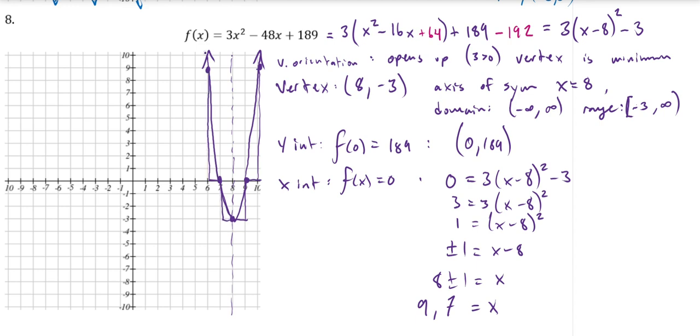This is just a nice little trick that I like to use in order to pick my points quickly in graphing a parabola, but especially if we're scaling, if that confuses you, you can really just pick some points around your vertex and evaluate them. I also could have done 9 in here. Squared would be 1 times 3 and then minus 3 to get my 0. Or 10 in here would give me a 2 in difference from 8.